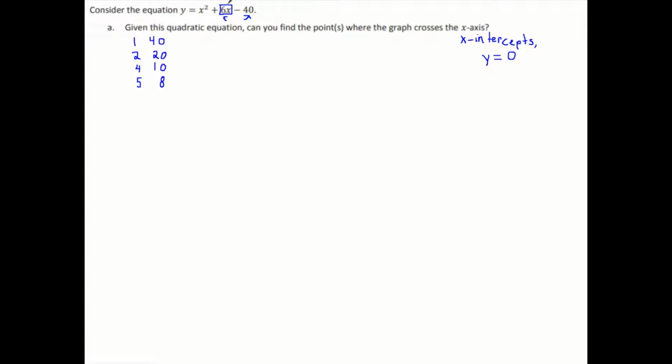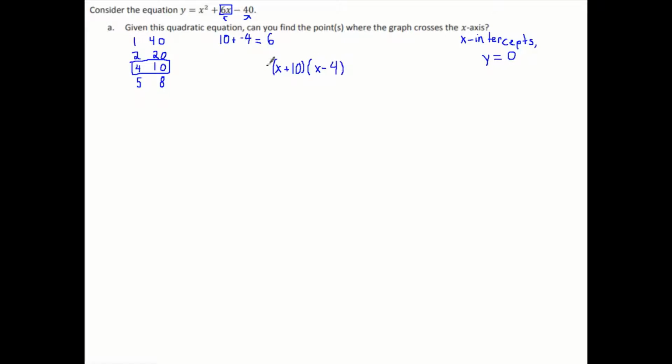Now, which numbers, when I combine them, are going to give me 6x? Well, that's going to be my 4 and my 10. 10 plus negative 4, or 10 minus 4, gives me that 6. So that means on one side, I'm going to have x plus 10, and on the other side, I'm going to have x minus 4.